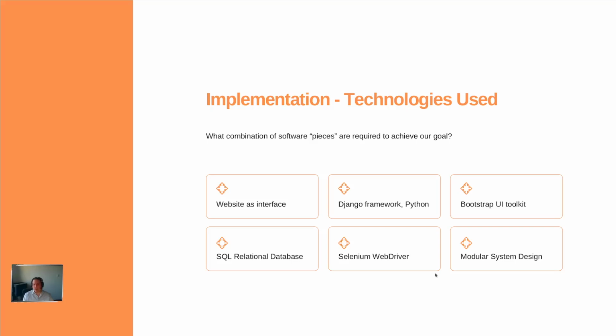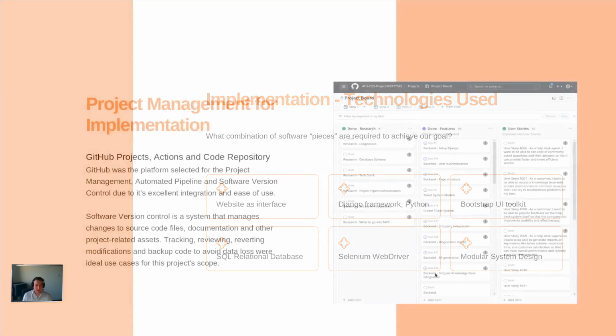Among other technologies, Selenium WebDriver is what the backend uses to perform essentially a browsing request to the third-party website to gather all the knowledge base articles. And the last piece was thinking of a modular system design that allows, in the future, expanding with more plugins, let's say if you want to use a different service to integrate into the help desk.